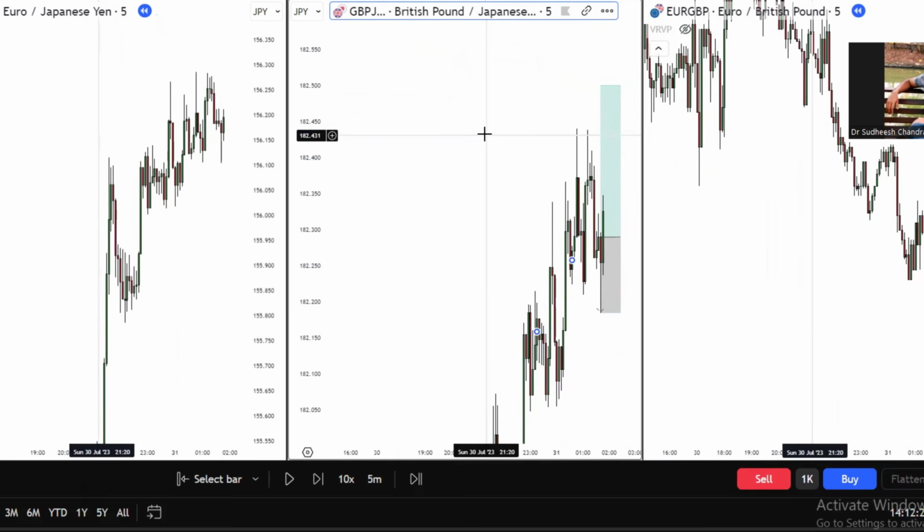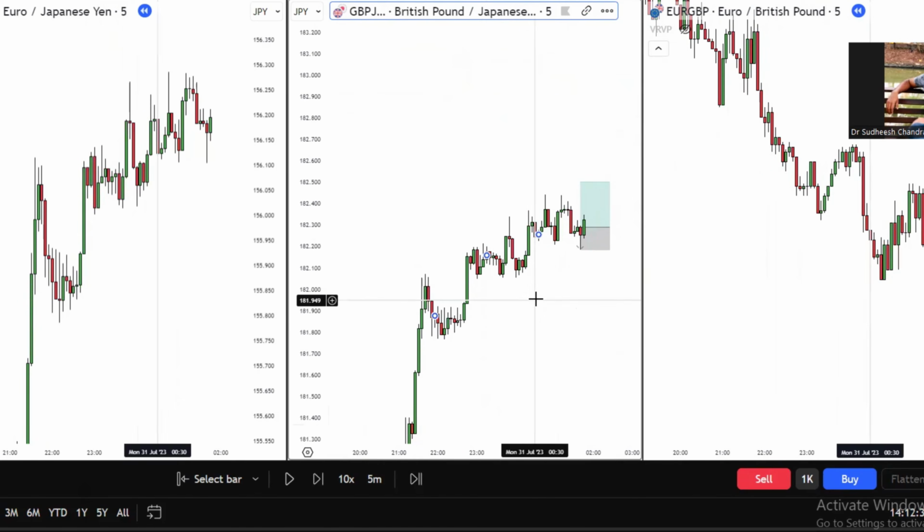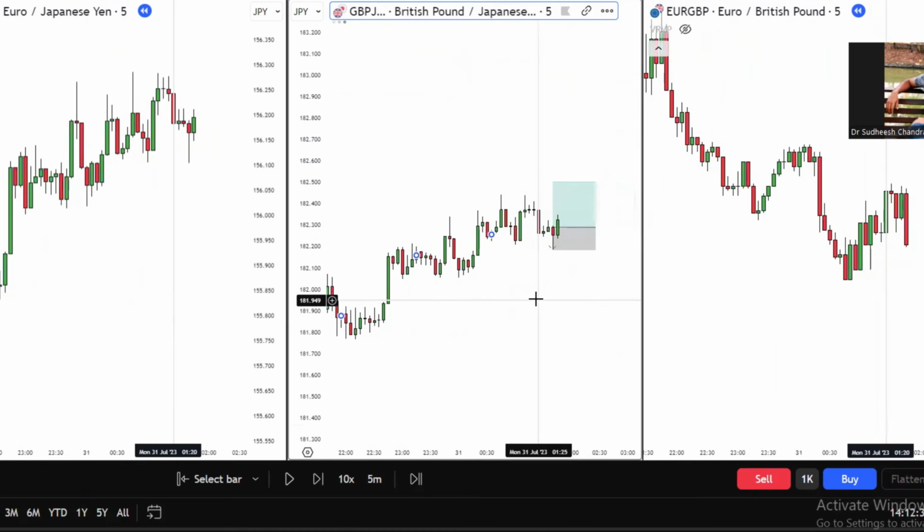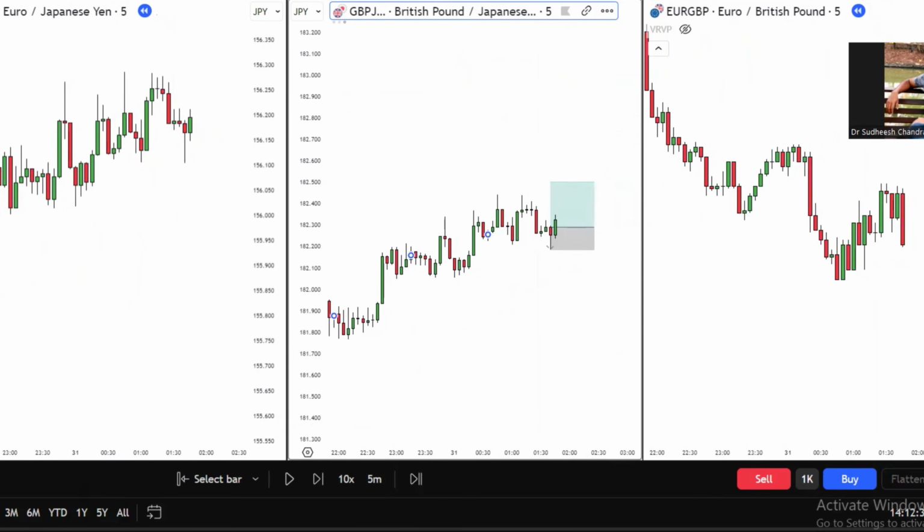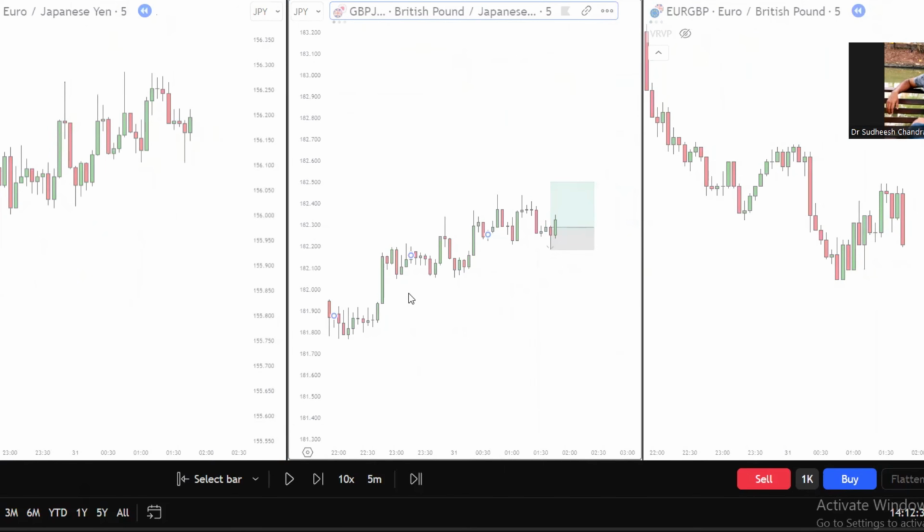Or has price taken that liquidity? Let's see if we have any targets still available on the higher time frame because our price is moving down. Why is this moving so slow?